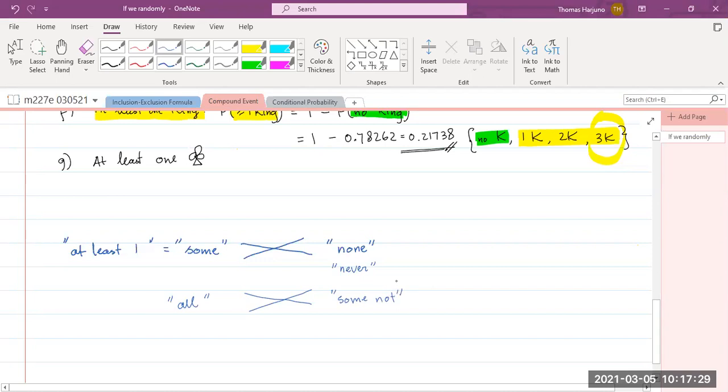The complement of all is not none. That's a lot of misunderstanding. That's the type of misunderstanding that is really, really bad. The complement of all is not none. That's overkill.